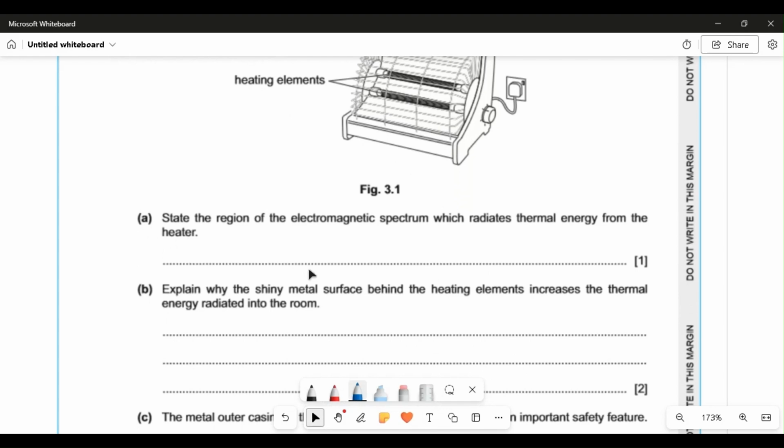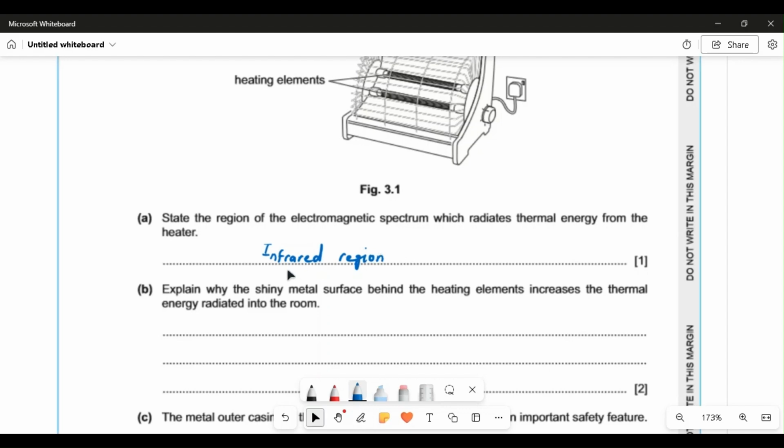We are very well aware that thermal radiation is in the infrared region.